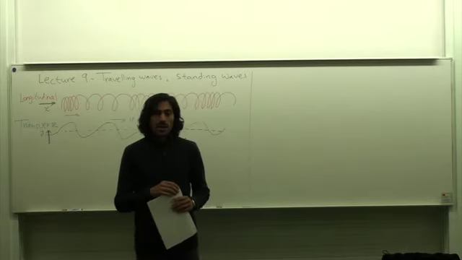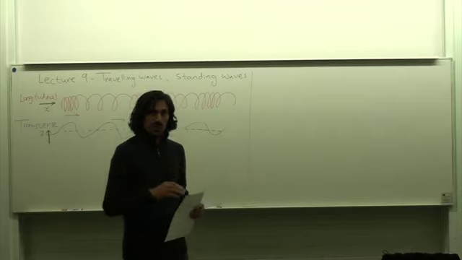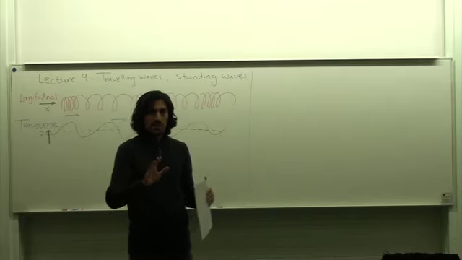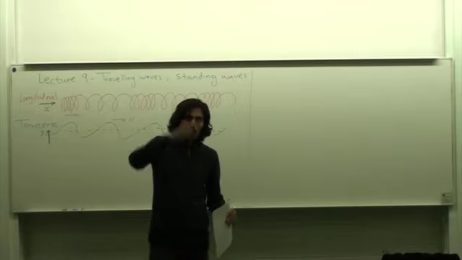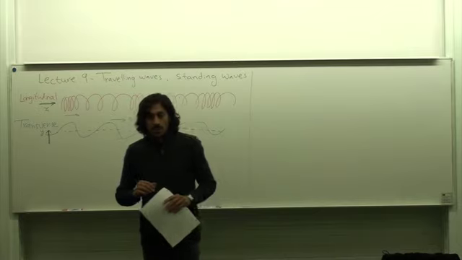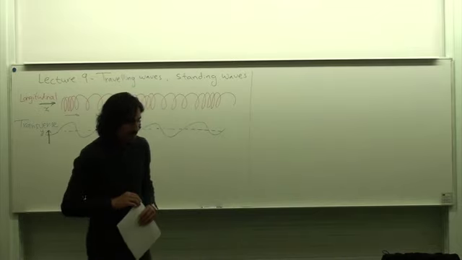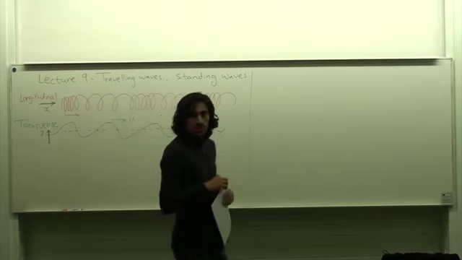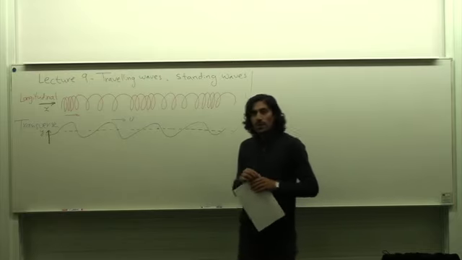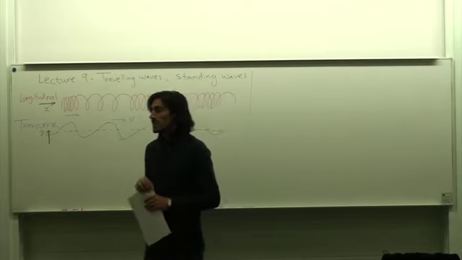We've seen also that we were able to generate a disturbance, and that disturbance was traveling. The mass is not traveling, the movement is in the y direction, but the disturbance is traveling in the x direction. Today we're going to carry on, and we're going to talk about waves, traveling waves and standing waves.